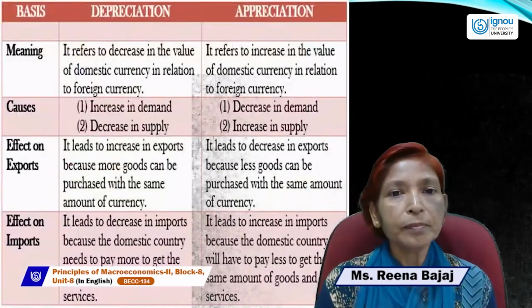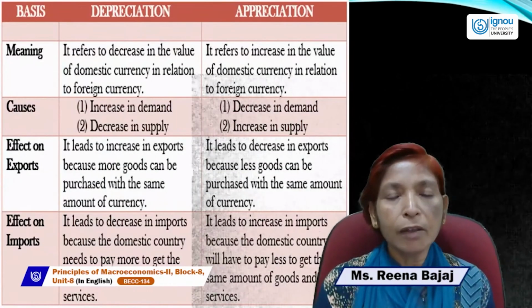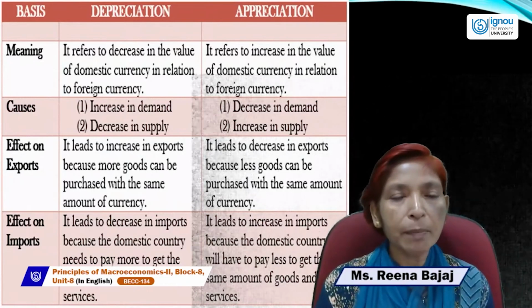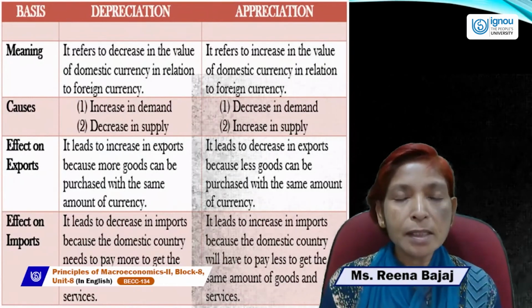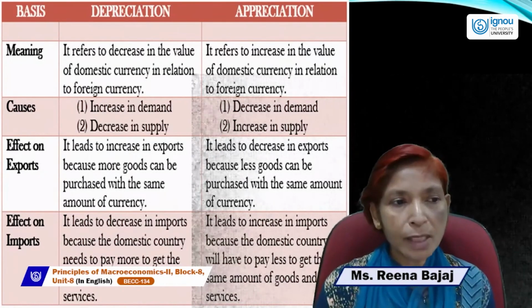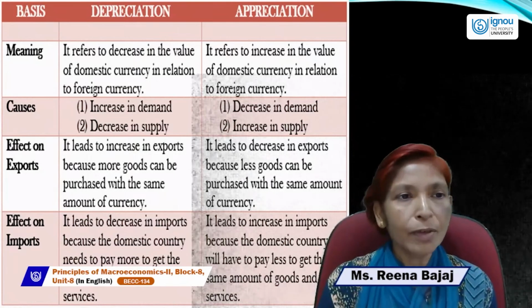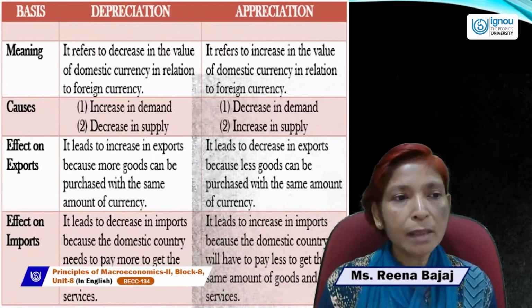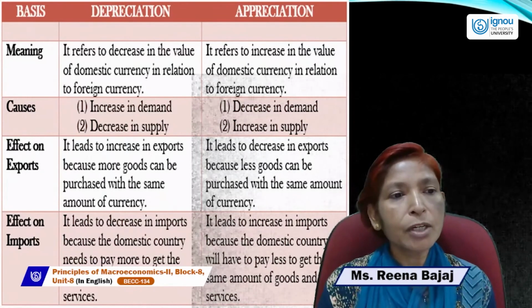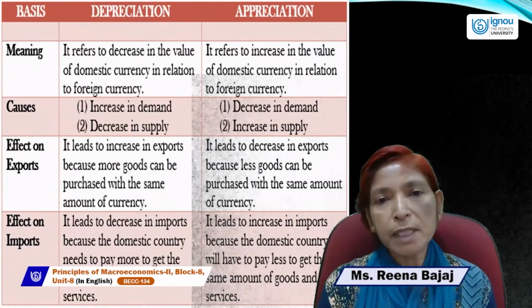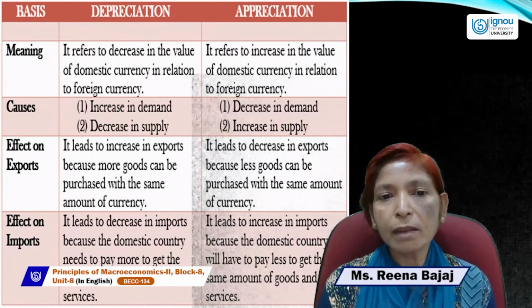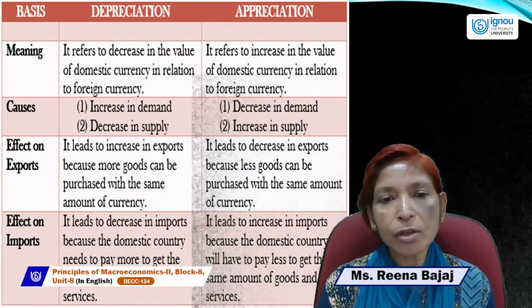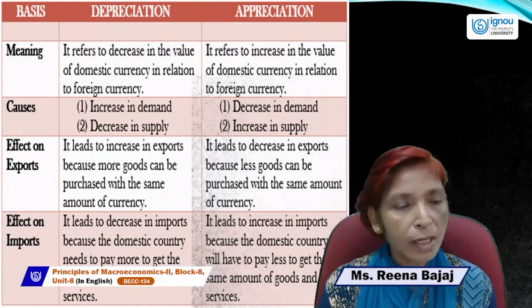Next, we can differentiate between depreciation and appreciation of a currency in terms of different points. First of all, meaning. Depreciation refers to the decrease in the value of domestic currency in relation to foreign currency. Appreciation refers to the increase in the value of domestic currency in terms of foreign currency.